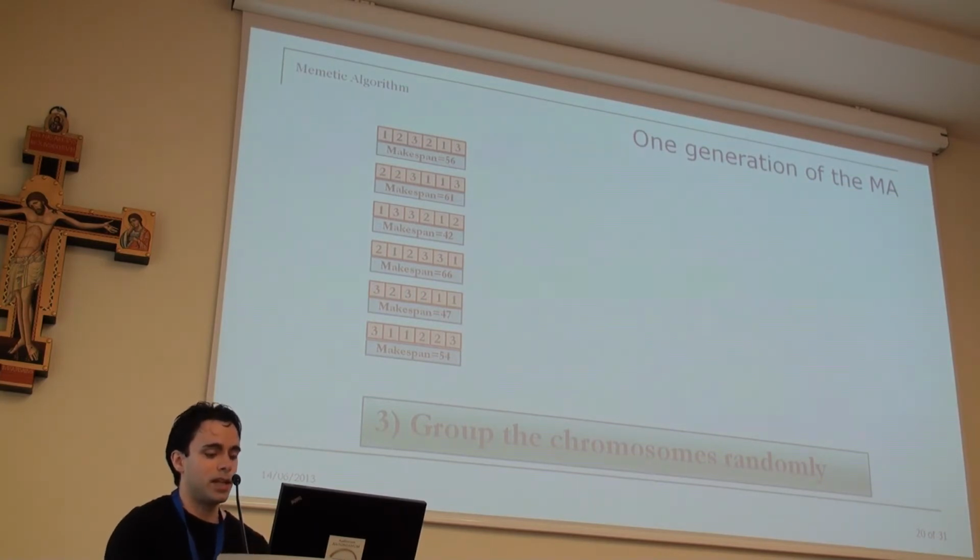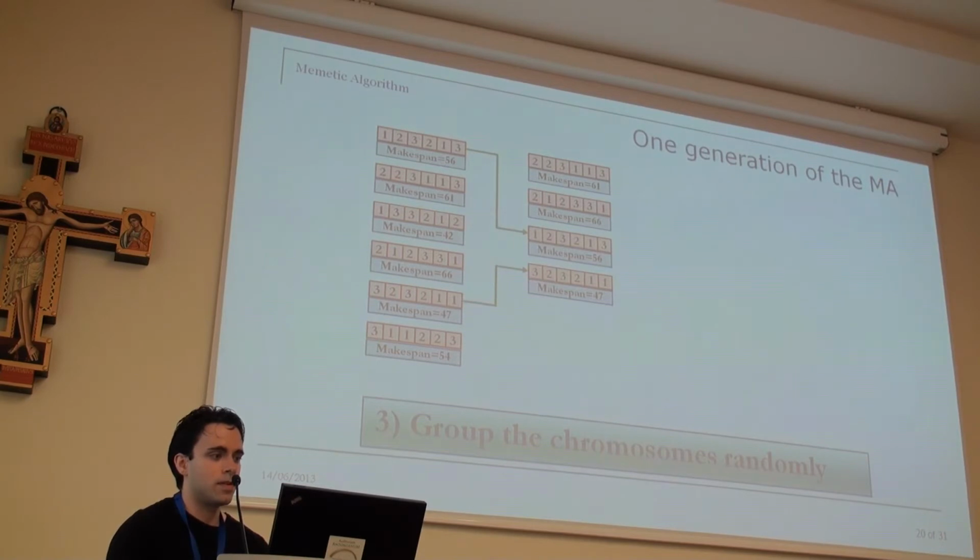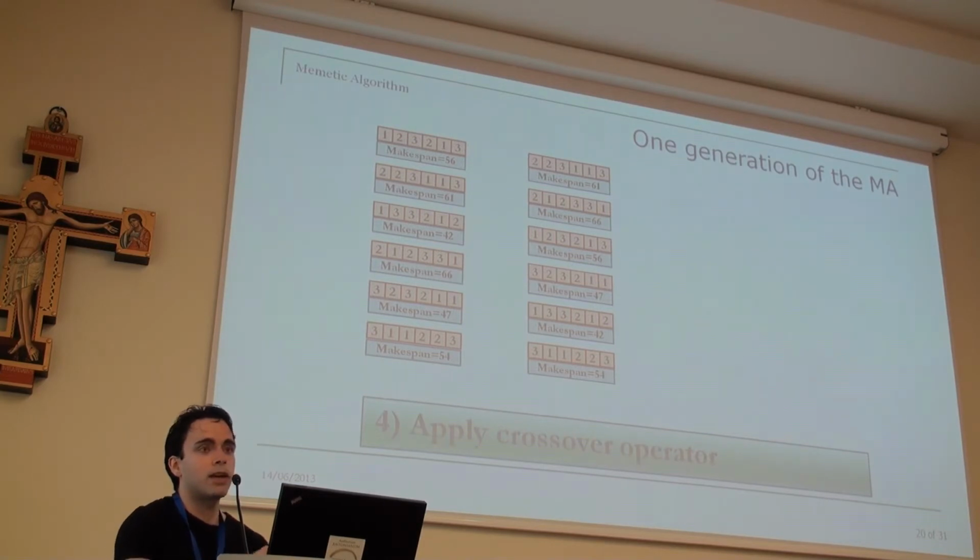Okay. Step 3 is to group randomly the chromosomes of the population in pairs. Then, for each one of the pairs, we apply the crossover operator. For crossover, we use an extension of the classical JOX operator. It takes 2 parents and creates 2 offspring with characteristics from both the parents.